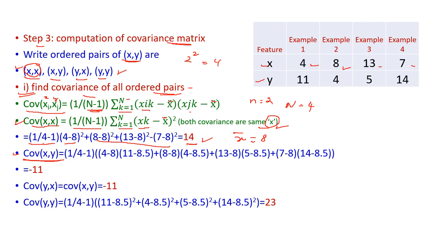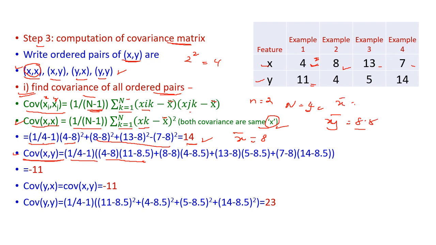Here 1 by 4 minus 1, this 4 is nothing but number of records, isn't it? Into 4 minus 8, 8 is x bar, 11 minus 8.5. 8.5 is equal to y bar. We have seen, isn't it?